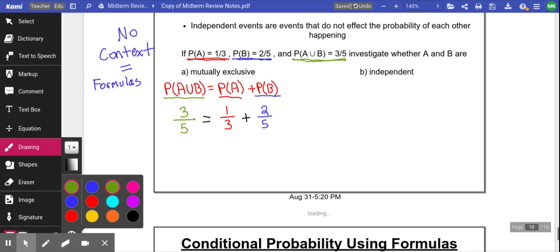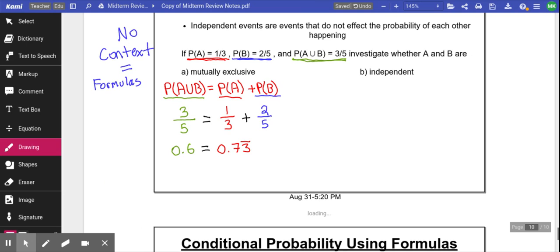If you put that in your calculator, 3 divided by 5, it gives you 0.6, equals, and you do 1/3 plus 2/5, and you get 0.73 repeated. Notice that those numbers aren't the same. Therefore, the formula didn't work. Therefore, these are non-mutually exclusive. And I just proved it. I just justified my answer.